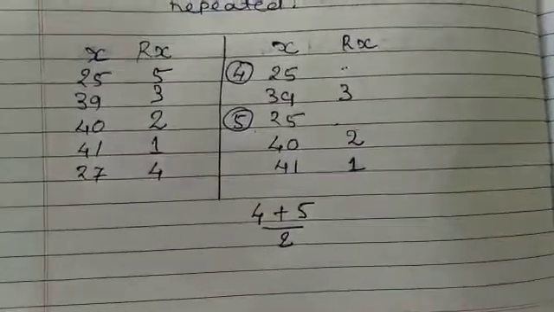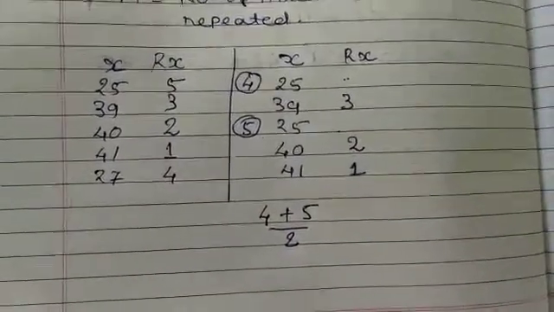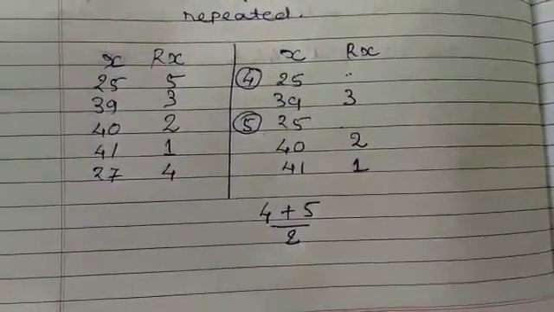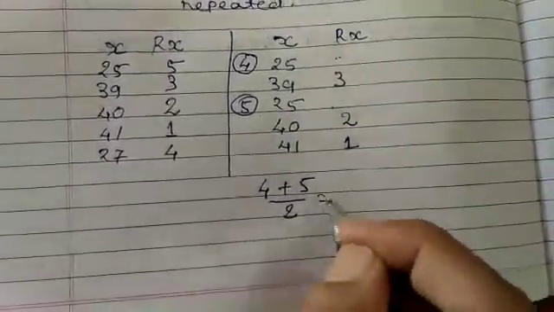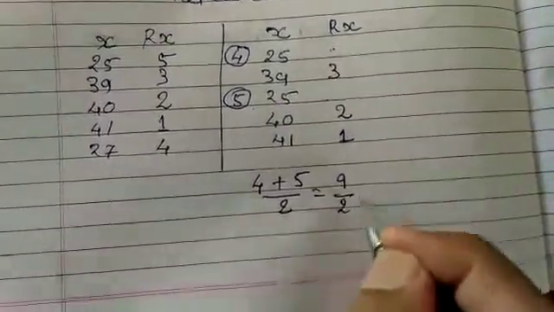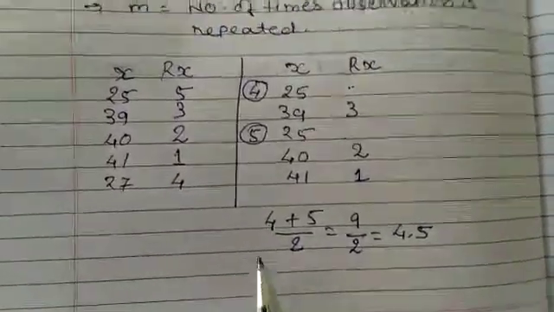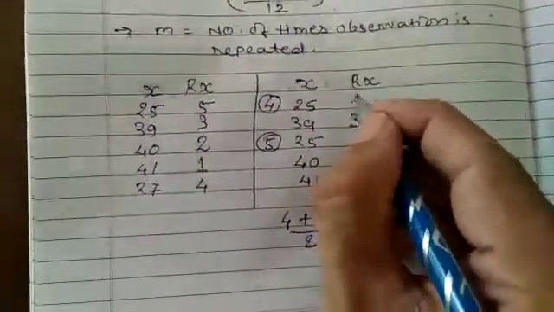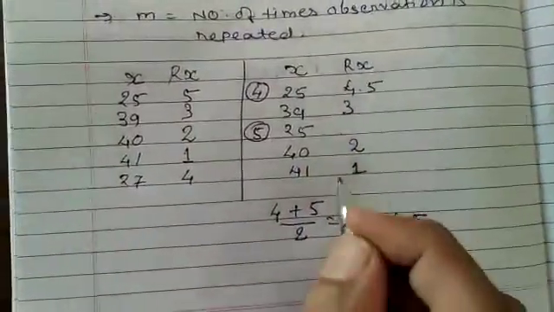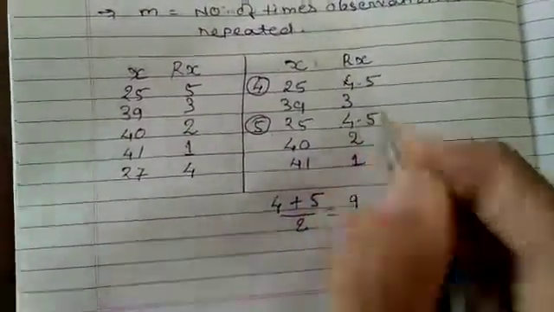If two observations are repeated, divide by 2. If the observation has been repeated 3 times, then divide by 3. This comes to 9 divided by 2, so the rank given will be 4.5 to each of them.